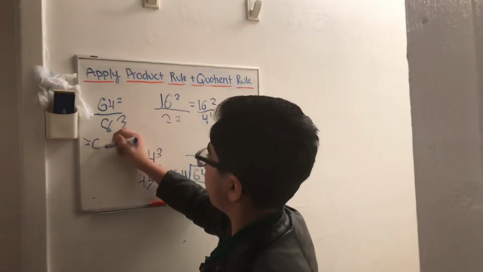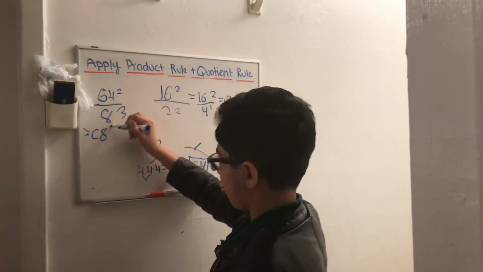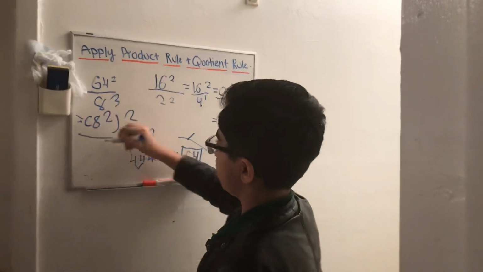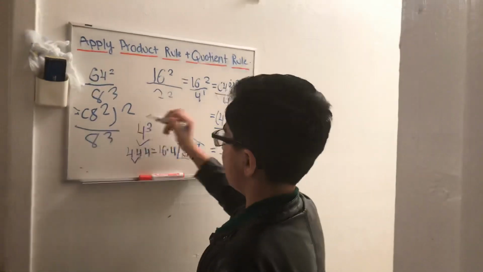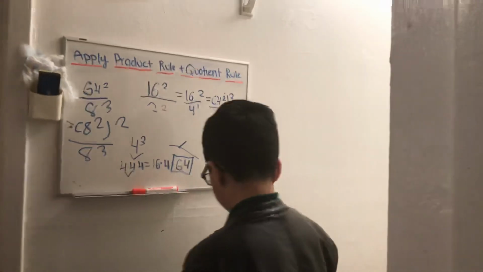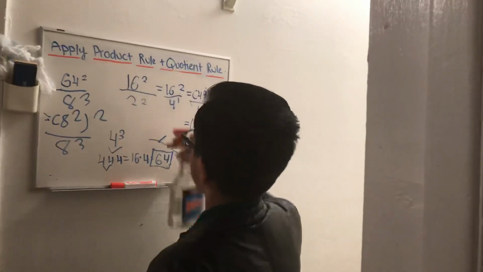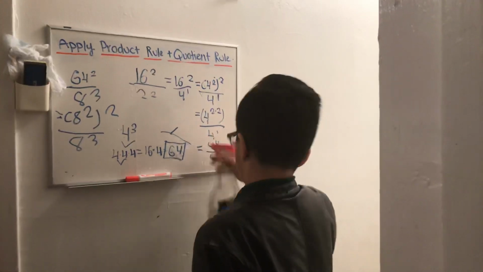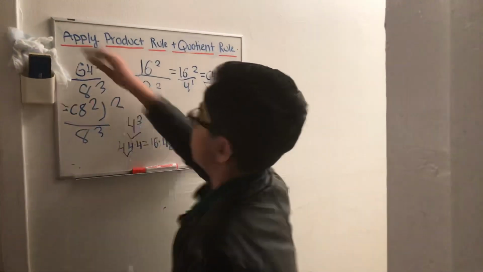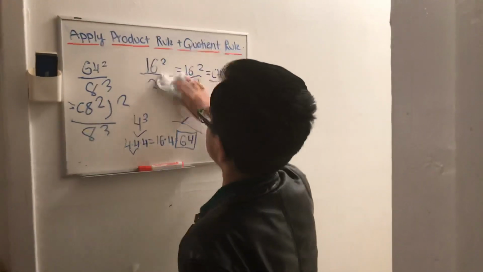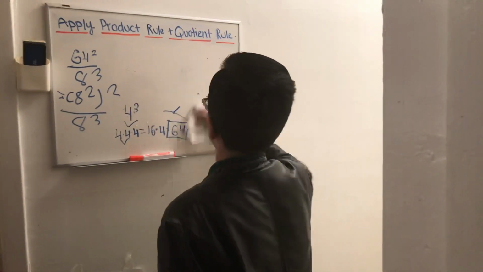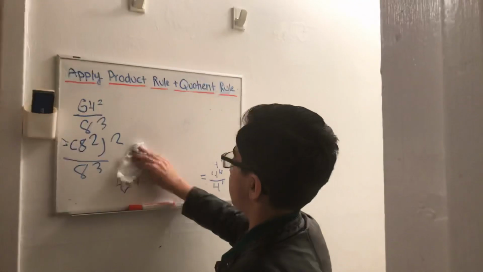So this would be broken down into 8 to the power of 2 to the exponent 2 over 8 to the power of 3. Let me just erase this because we are already done with this problem, and I want to make more room here so you can correctly perform your operations.